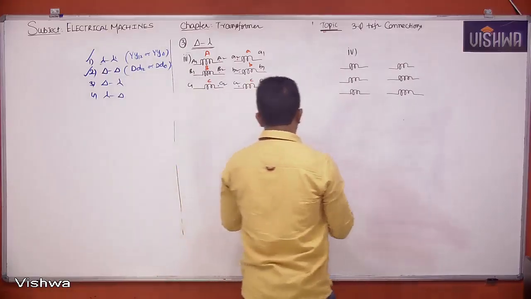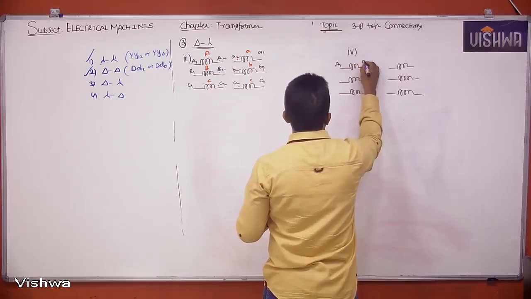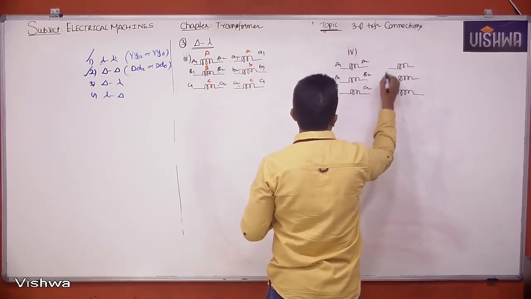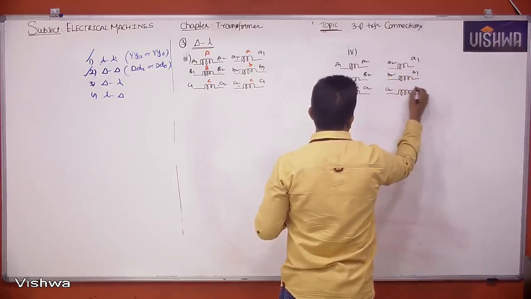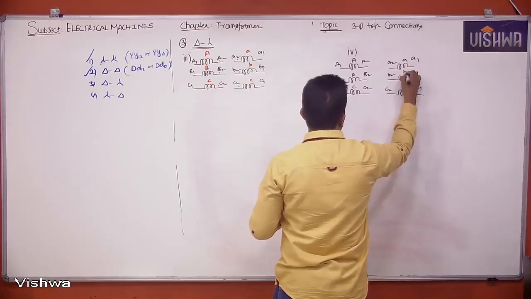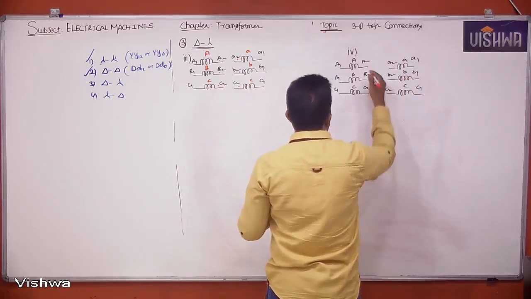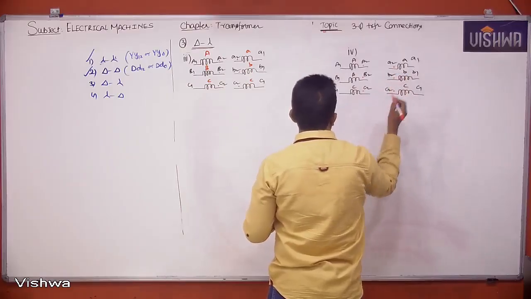Similarly here also. So here let me show the dots at A2, B2, C2, small a2, small b2, small c2.